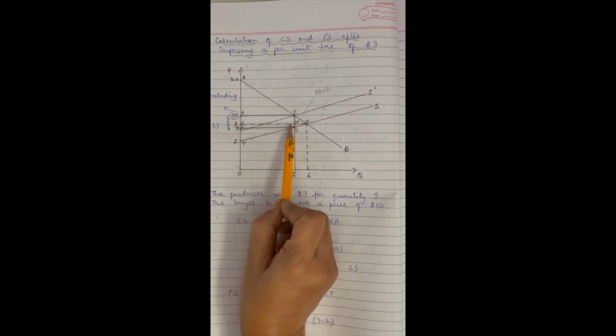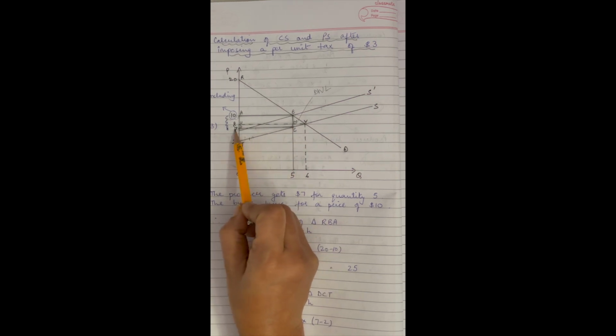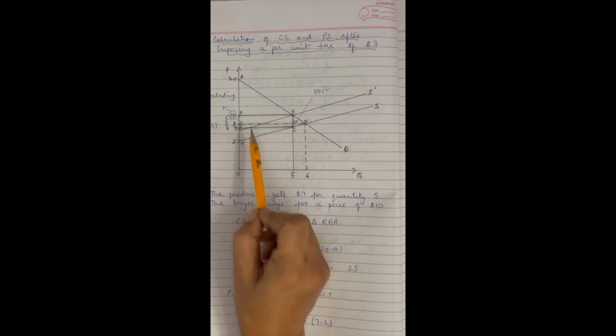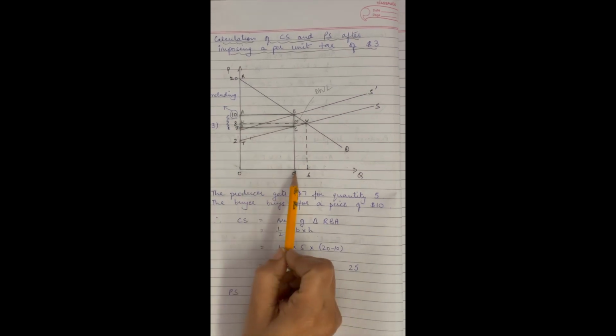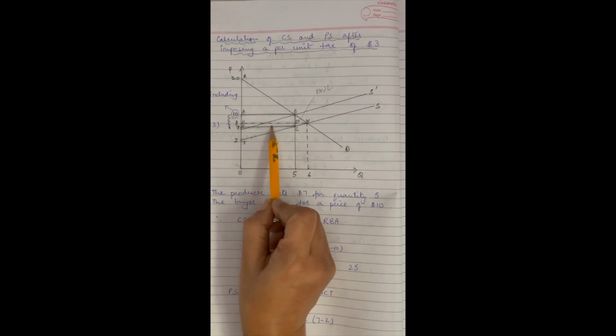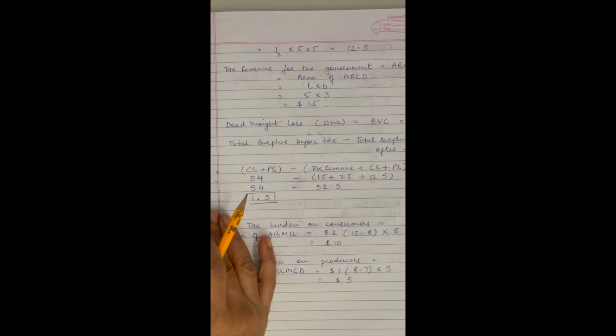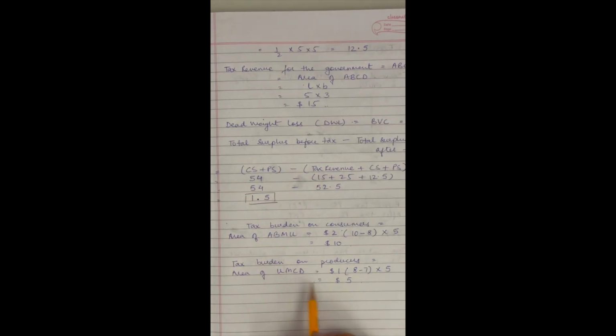So the tax burden on the producer is given by this little rectangle. And since the difference is just $1, because earlier they were getting 8, and now they are getting just 7, that's a $1 drop. And the equilibrium quantity is 5. So it's 1 into 5, which gives me $5. Okay. So that's how I have calculated these two things. So tax burden on consumers is 10 and tax burden on producers is 5.